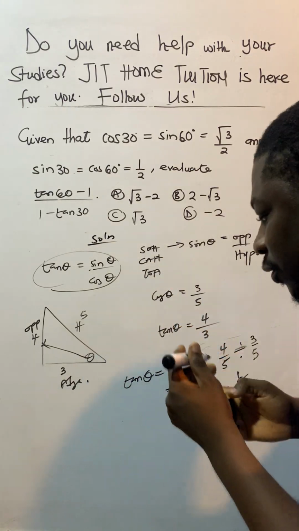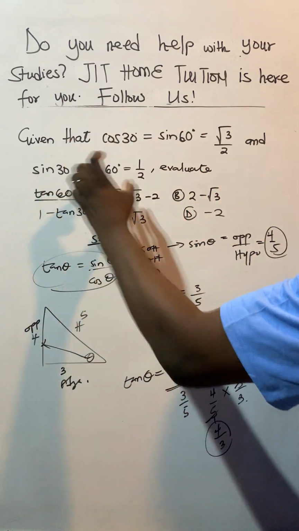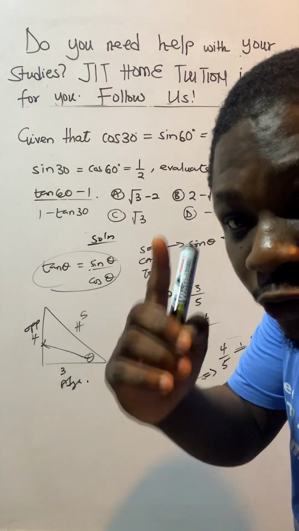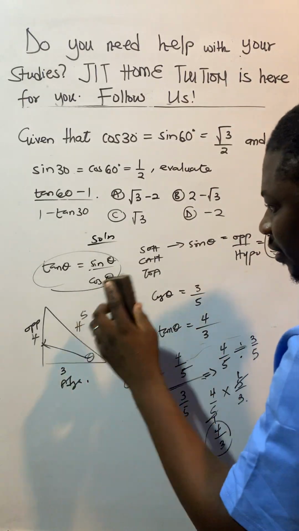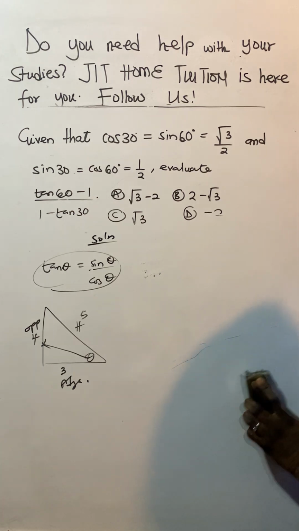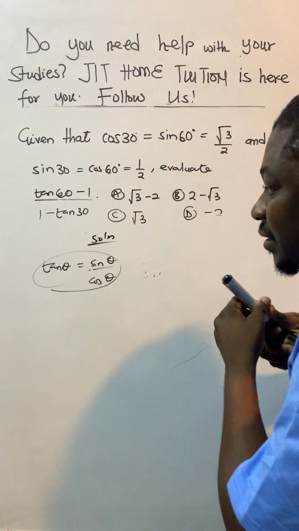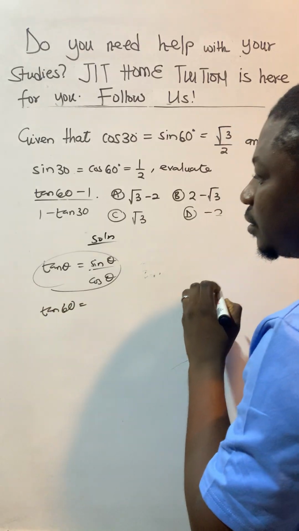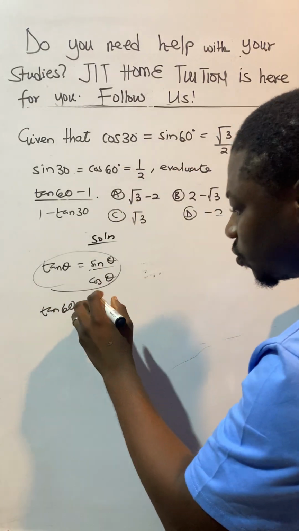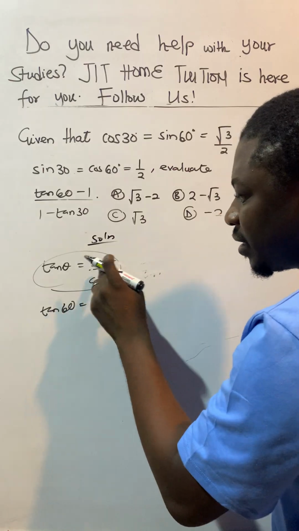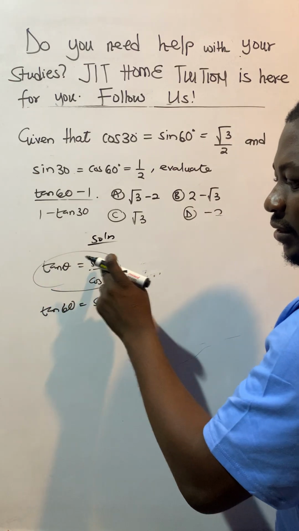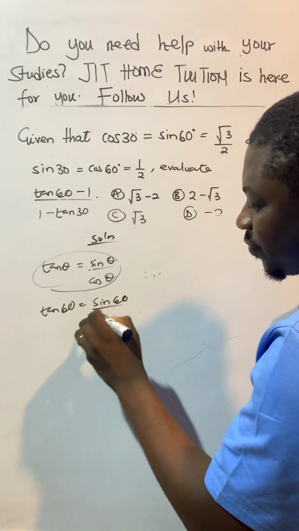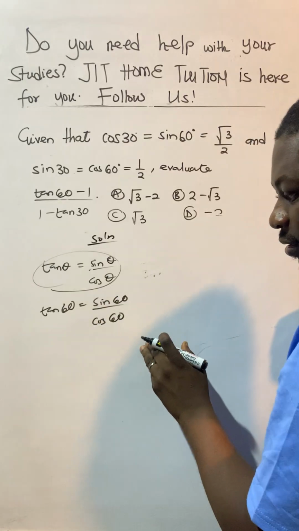So I'm just trying to let you understand that with this question, even though they did not give you tan, we can draw a conclusion. Please let me clean this side. We can conclude that tan 60 is equal to sine 60 divided by cos 60.